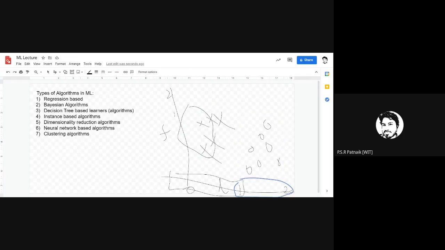What decision tree based learners do is, whenever you get a point during training, the process checks the value: what is the x value of this, and what is the y value of this. Based on the x and y values, it will start constructing a tree. For example, it will first say value less than 1, then it says C1.